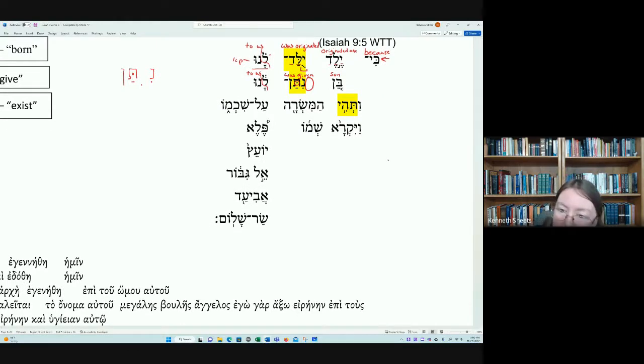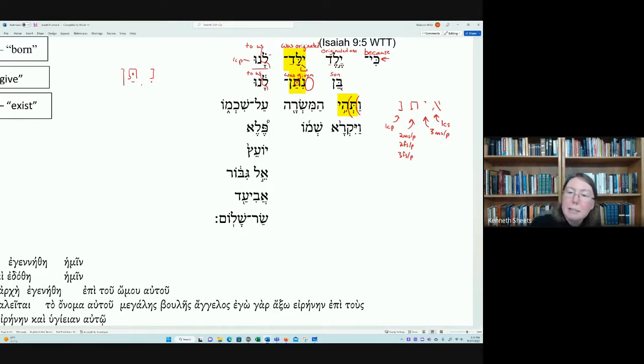Watihi. Notice here we have a wow consecutive on an imperfect. So this then is going to be my imperfect preformative, the tau. Remember, we have four imperfect preformatives: aleph, yod, tau, and noon, where the aleph would indicate first common singular, the noon would indicate first common plural, the yod would indicate third masculine singular or plural, and then the tau would indicate everything else: second masculine singular and plural, second feminine singular and plural, or third feminine singular and plural.